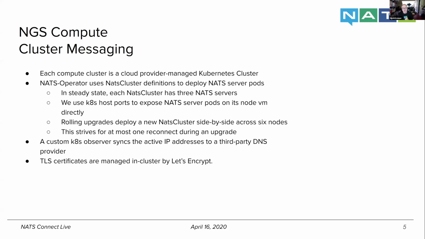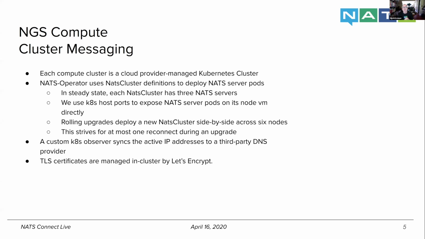We ourselves use the NATS operator, and it maintains custom resource definitions for a NATS cluster definition. It deploys server pods. Within each server pod, we have a number of containers. One of them is obviously the NATS server, but there are some other support pieces, including the Prometheus exporter.